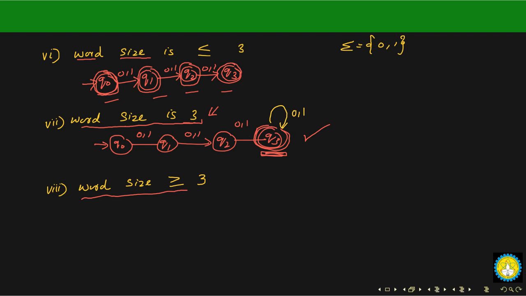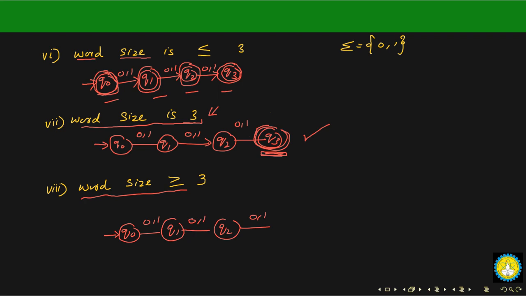Okay, let me erase this and draw the NFA. This is going to be very easy. We can actually modify the previous NFA like this. You start at Q0, and upon seeing a 0 or a 1, you are at Q1. Again, upon seeing a 0 or a 1, you're at Q2.